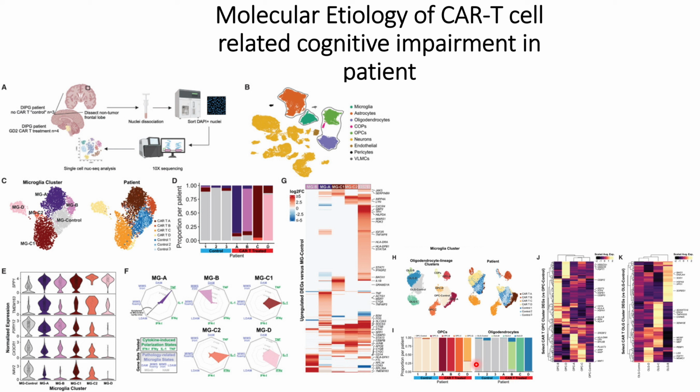The proportions of patients that have these OPCs are high in the CAR T cell treated, whereas it is very low in the case of control. And similar results for the oligodendrocytes: the patients treated with CAR T cells have high oligodendrocytes, except for patient A, which can be seen here.